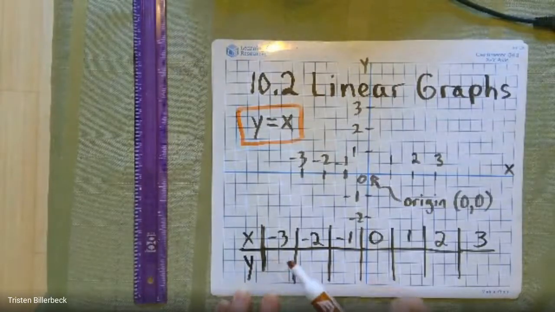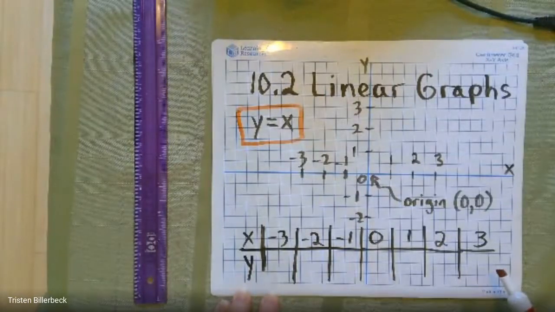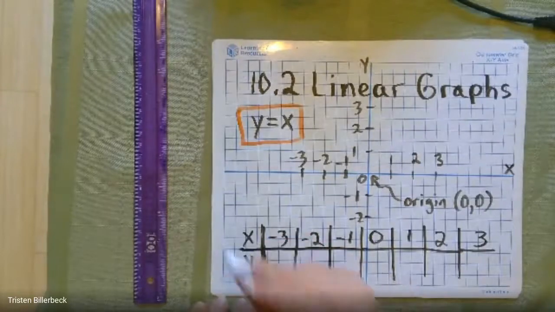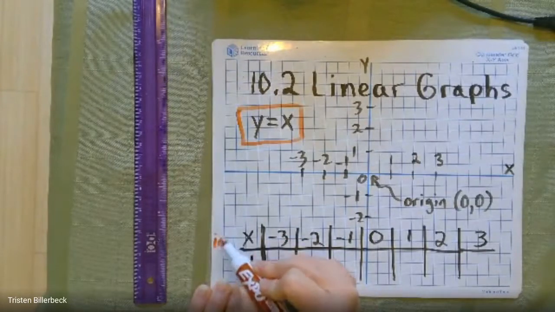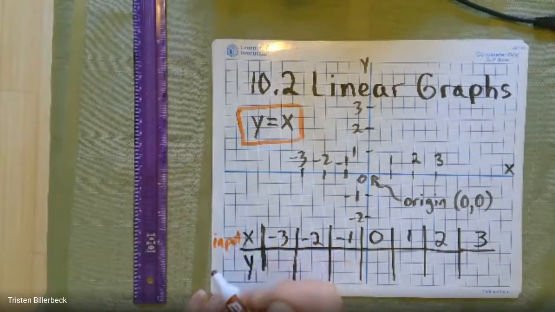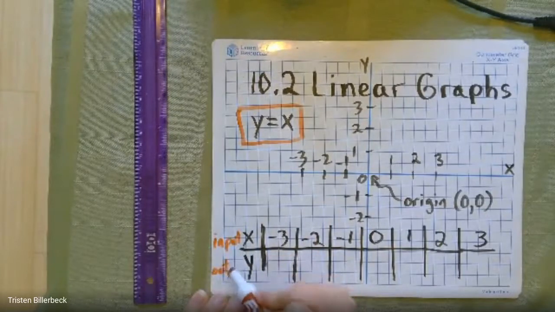I've made a little table down here where I'm going to keep track of what y is when I do an input for x. So this is an input, and this is an output.